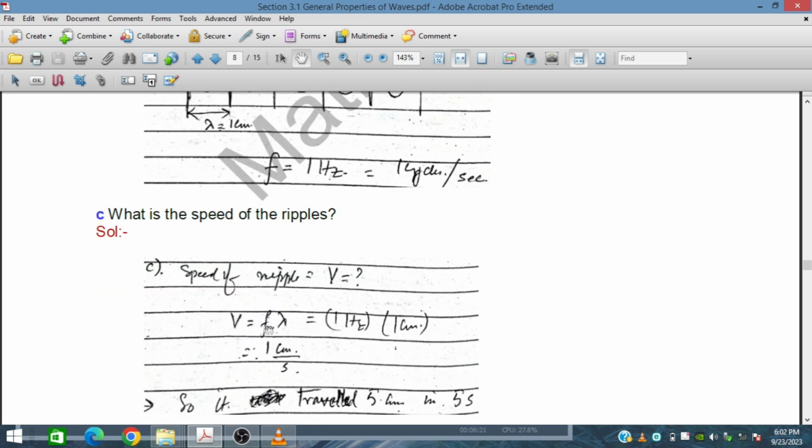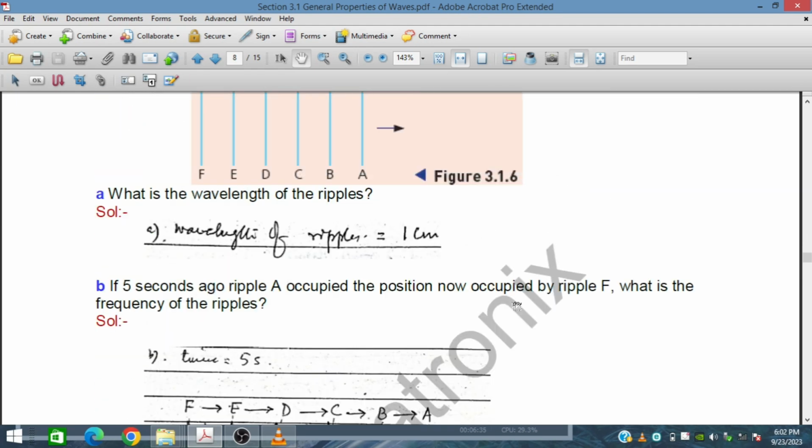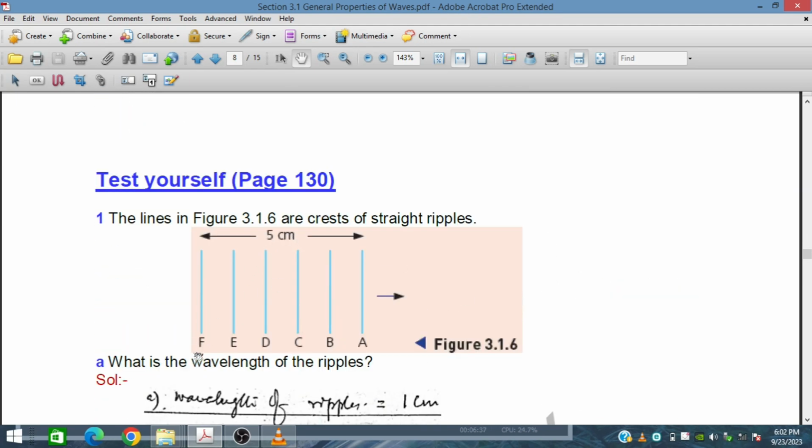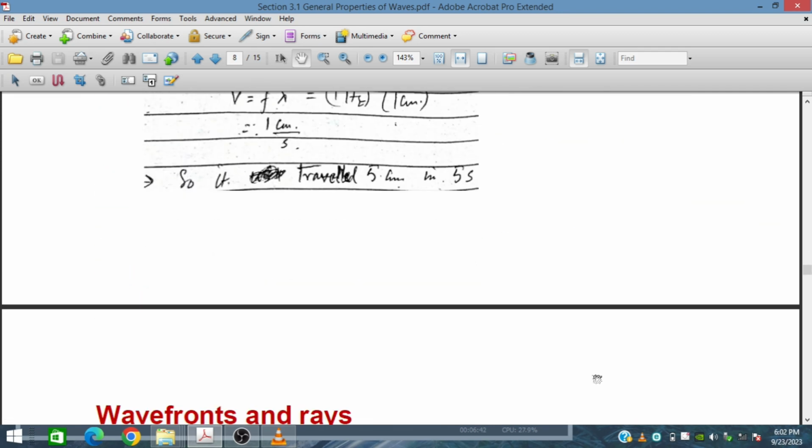Speed of the ripple is frequency times lambda. Frequency is 1 hertz, lambda is 1 centimeter, so 1 centimeter per second is the speed of the ripple. That is 5 centimeters in 5 seconds, so it will travel 1 centimeter per second.